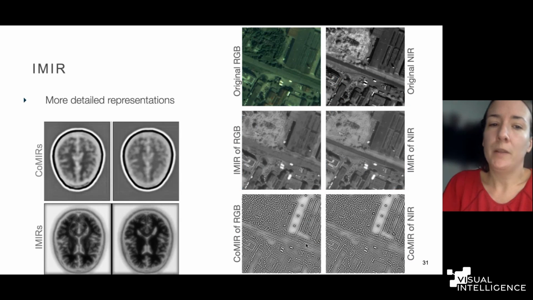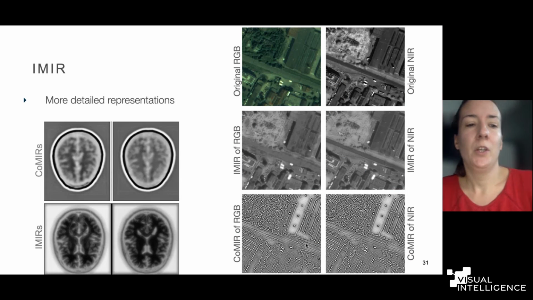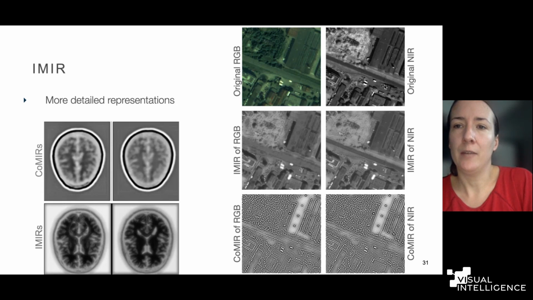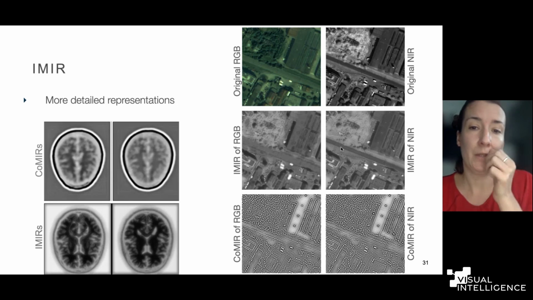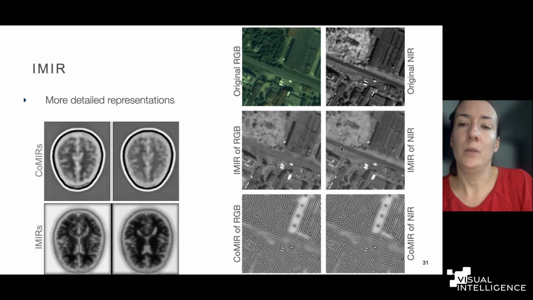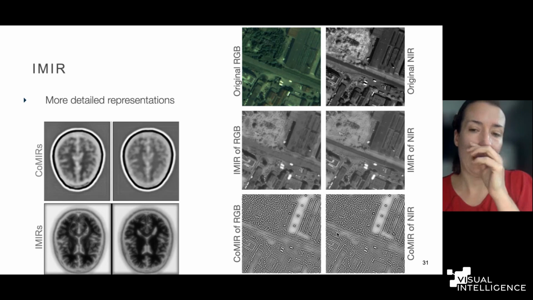But so far we can see that we get a lot more detailed representations than we had with the Comirs. So here, for example, you have the original images of this data set. It's an RGB and a near-infrared image. And these two representations are these emirs that we generate with our new approach, while these two would be the Comirs that we had.